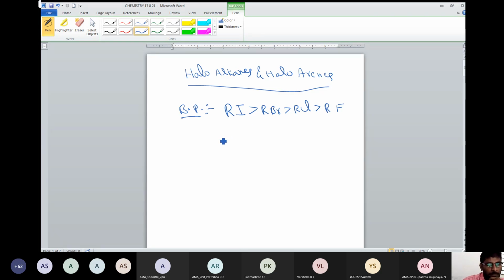If the halogen atom is the same, then the boiling point is directly proportional to surface area. More surface area, more boiling point. So boiling point is directly proportional to surface area, or inversely proportional to branching.